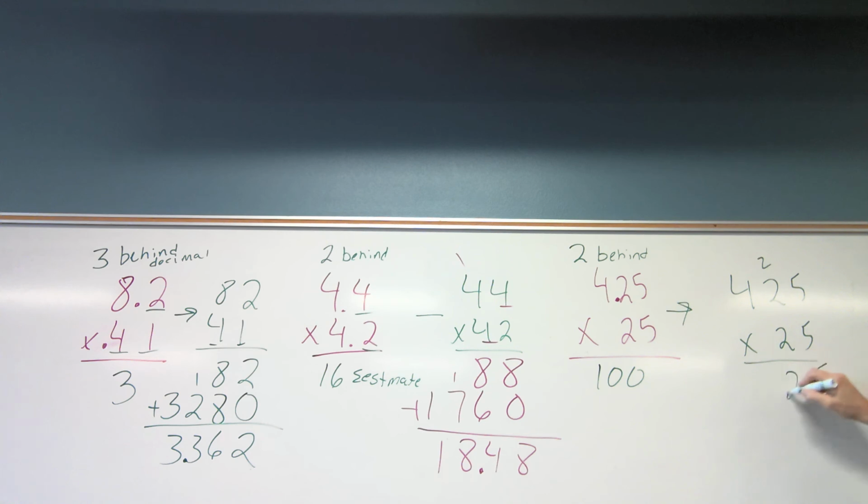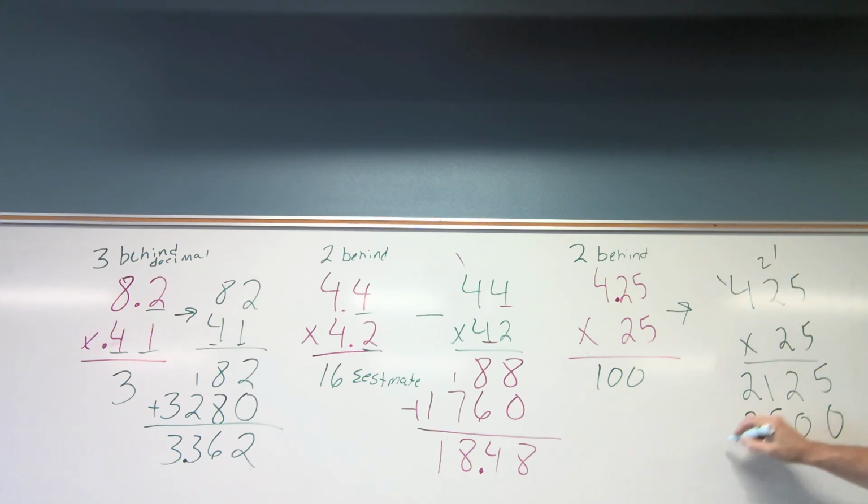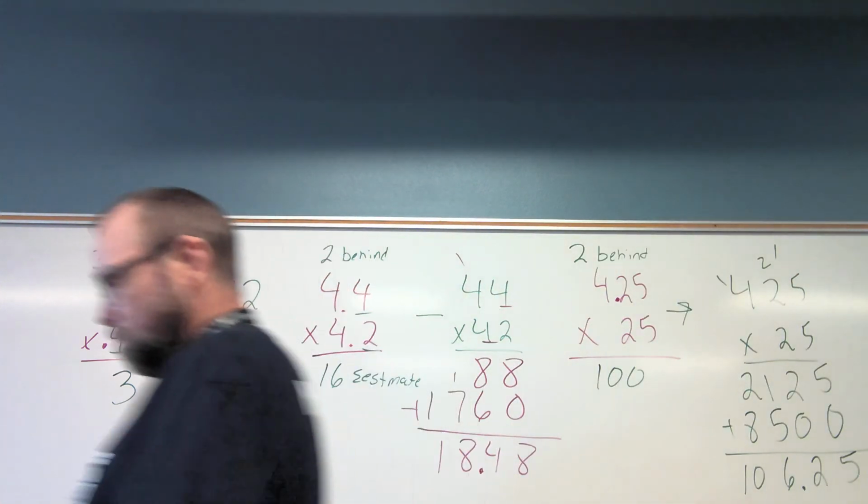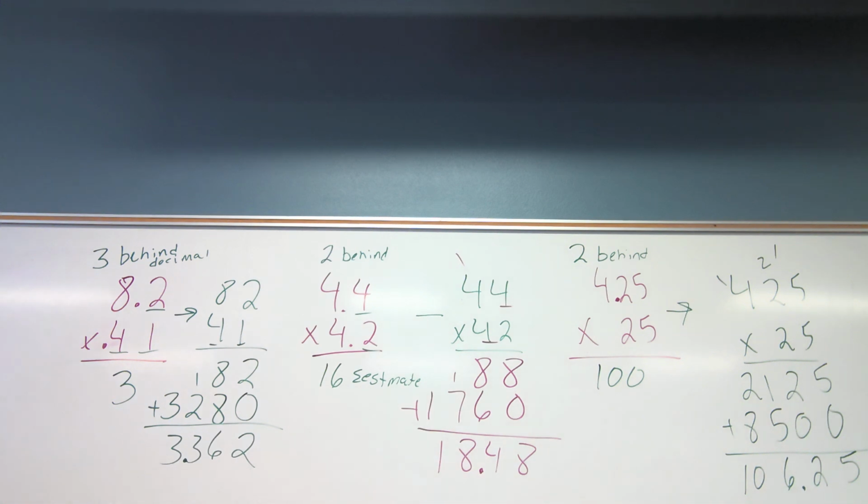Please correct me if I'm doing this wrong. So Bryn's estimate was close. 106 and 25 hundredths.